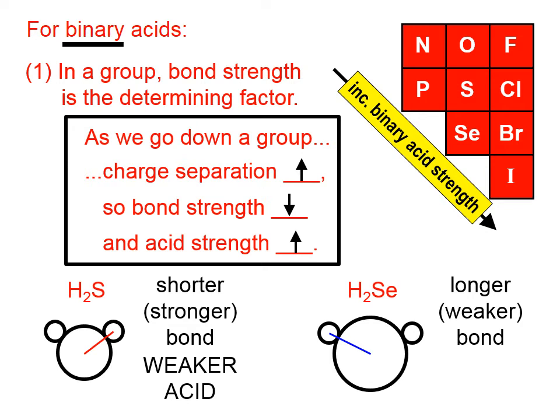In other words, those hydrogens will tend to stay there, and on the right that acid would be stronger. Those H's are more likely to pop off because the bond is longer and weaker.